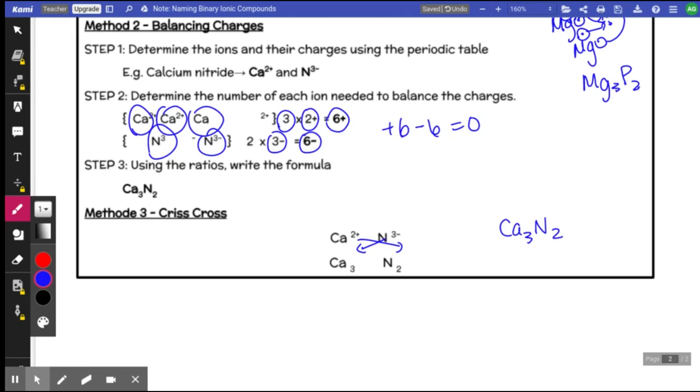And the name of this compound is going to be calcium nitride. So you should be able to go from a formula to a name and from a name to a formula. And there's homework to help you practice with that.